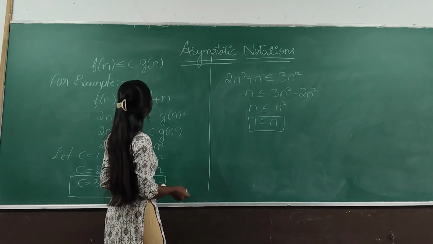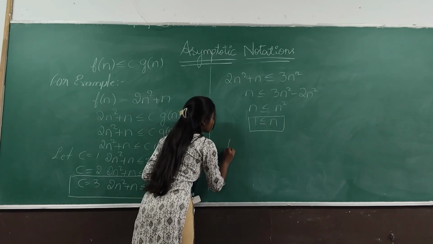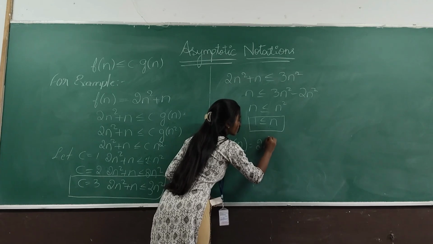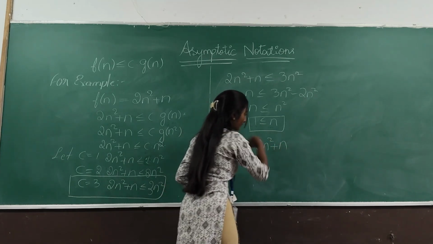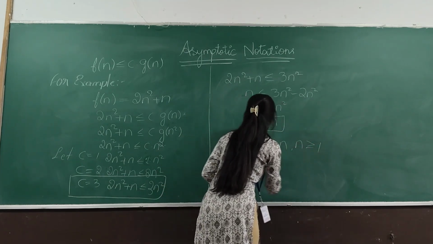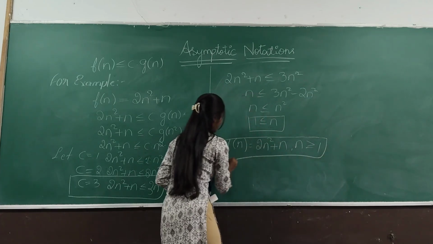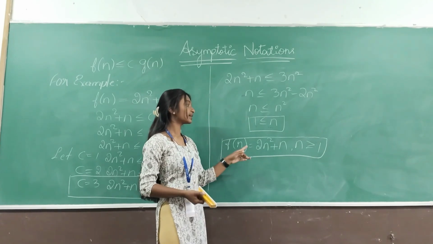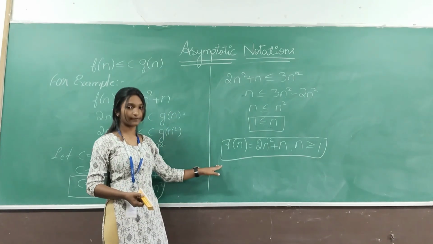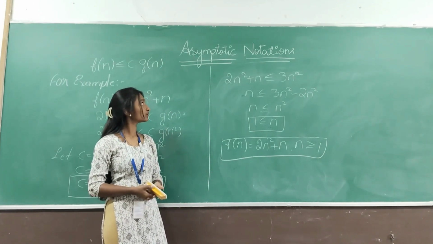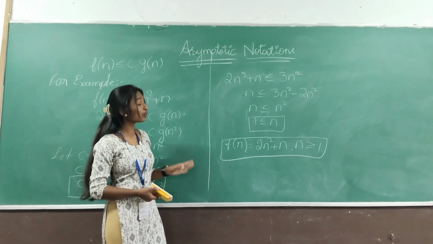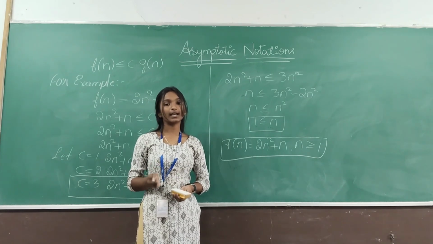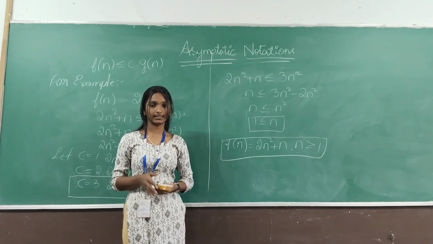So finally we write that f of n is equal to 2n square plus n, where n is greater than or equal to 1, will be the final equation. In this session I conclude that big O notation is the commonly and frequently used notation and it is helpful for algorithm analysis.